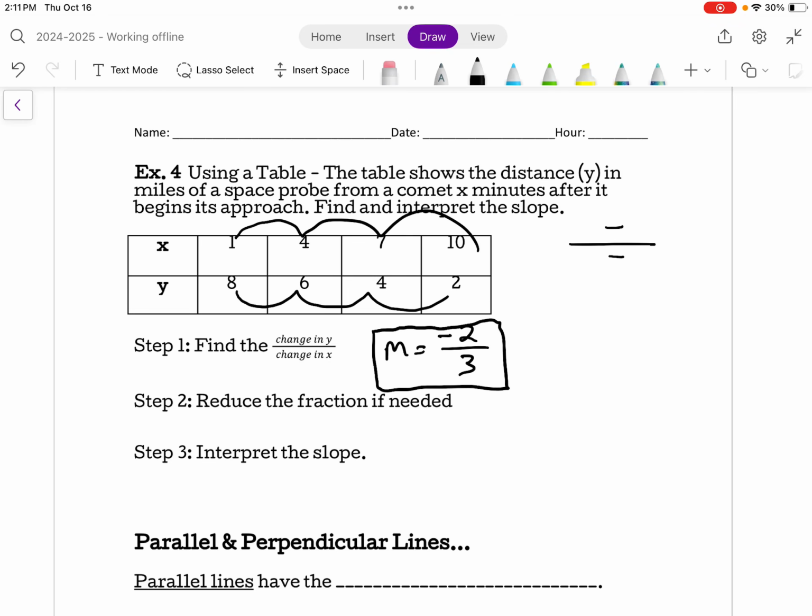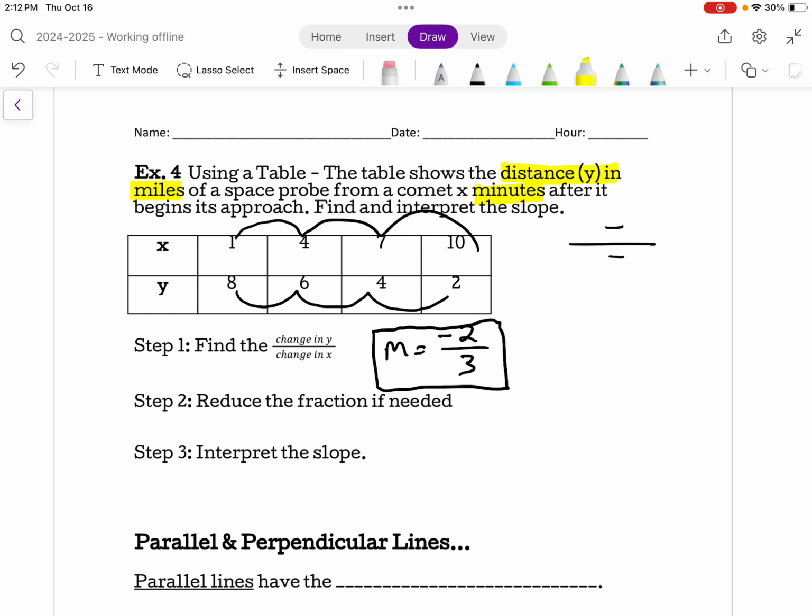And then step 3, interpret the slope. So basically what that's saying is, what does this slope mean? And if I go back to the word problem above, it's talking about the distance in miles of a space probe from a comet, which is minutes.